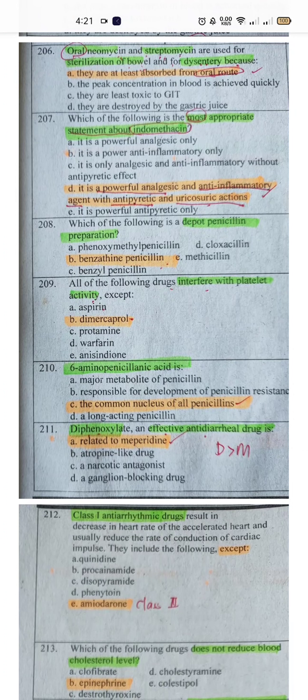207. Which of the following is the most appropriate statement about indomethacin? It is a powerful analgesic and anti-inflammatory agent with antipyretic and uricosuric action.